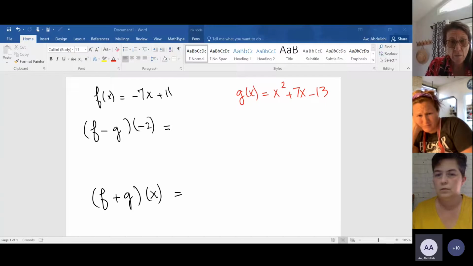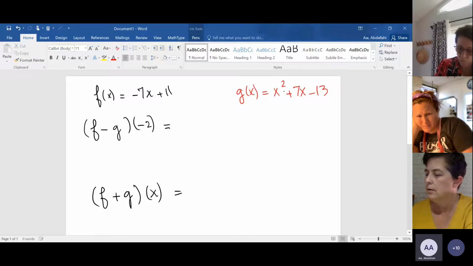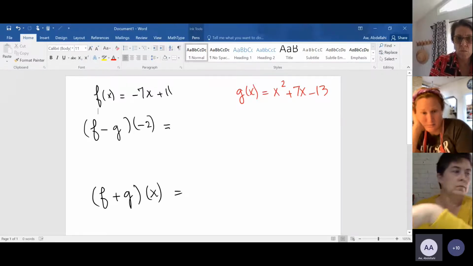For g, do we add the positive number first? Yeah, when you substitute x with -2, right? You mean the first one, f minus g of -2? If we square the -2, it becomes a positive, and then the next number is negative. So now you have to remember PEMDAS.